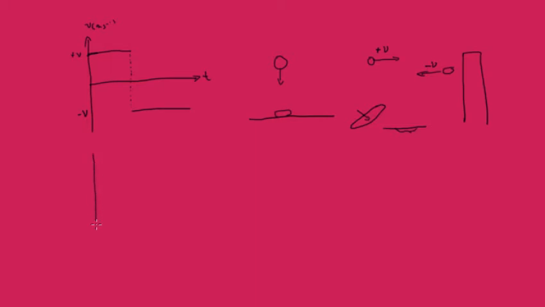So what would this look like for our displacement graph? Now, displacement, we don't get this discontinuity. So here, we've got the ball coming. It leaves the hand and it moves away.